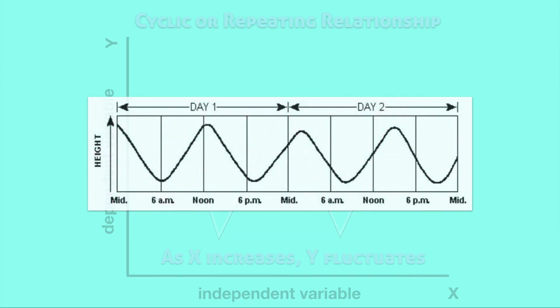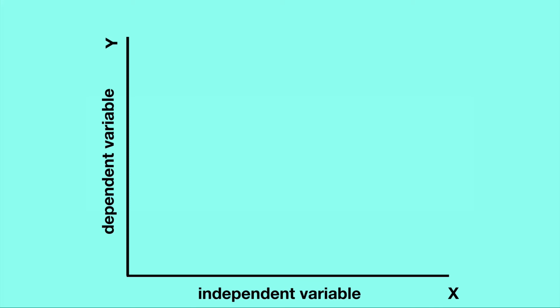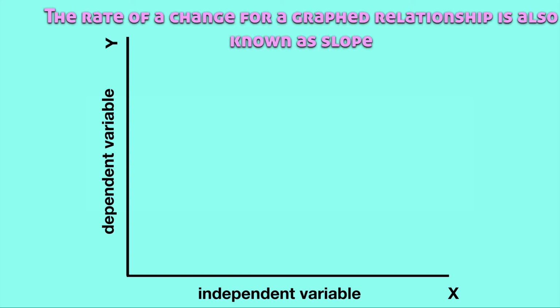So an example of that would be tides. I can tell you the tides for the next couple of days based on moon phases and the current tide situation. Whenever we look at a graph, no matter what type of relationship we're talking about, there's always a way to reference the rate of change. And the rate of change has a formula, which is on your reference table, but it really means the slope.